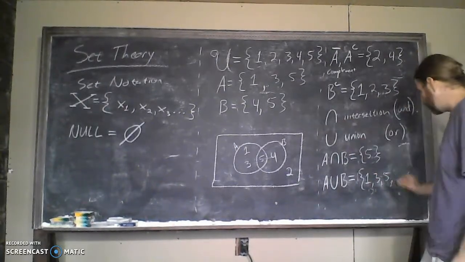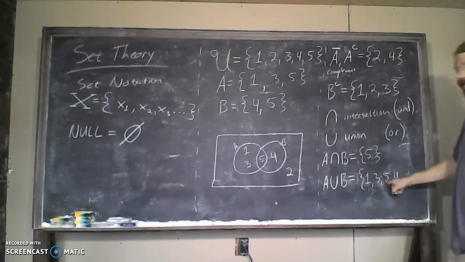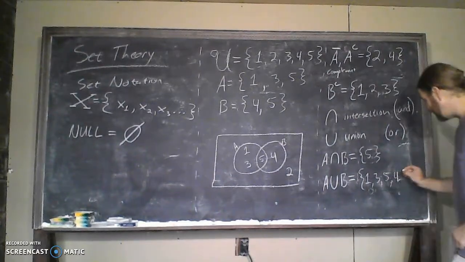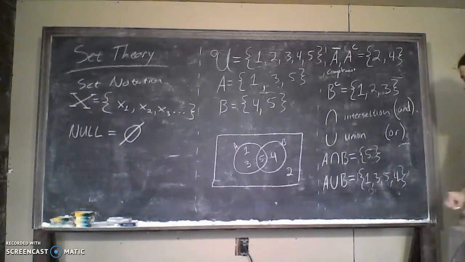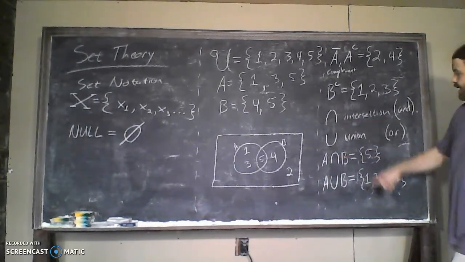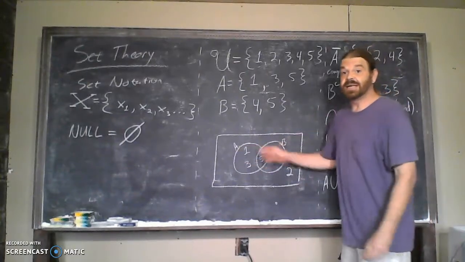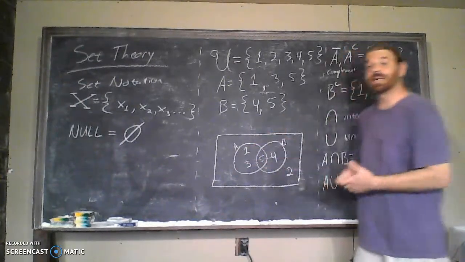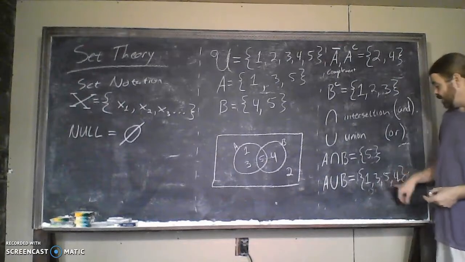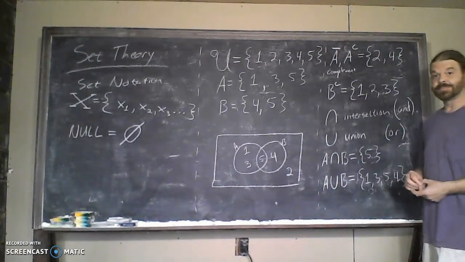Set B has 4 and 5, but we already have 5 included, so we don't need any duplicates. So intersection is what they have in common, and union is the entire joining of both collections together without listing any duplicates.